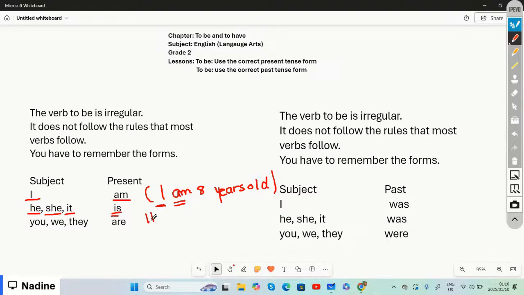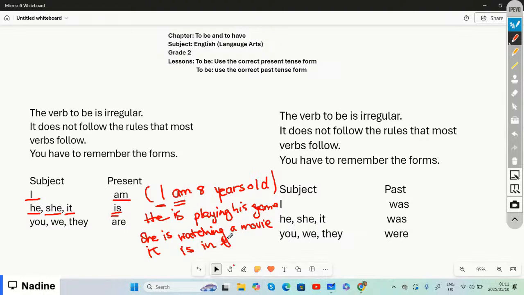So he is playing his game, or she is watching a movie, or we can say it is in the cupboard or in the wardrobe.